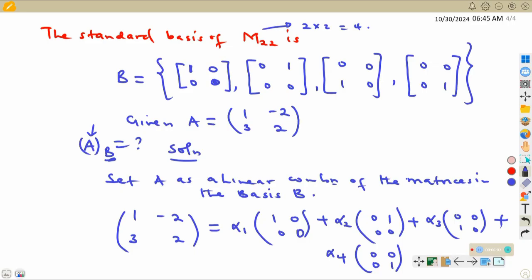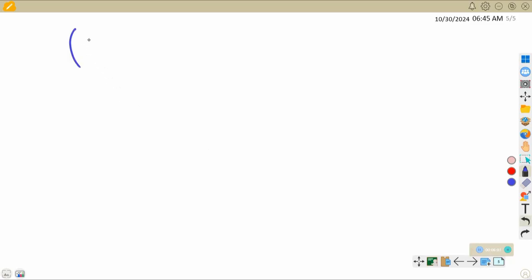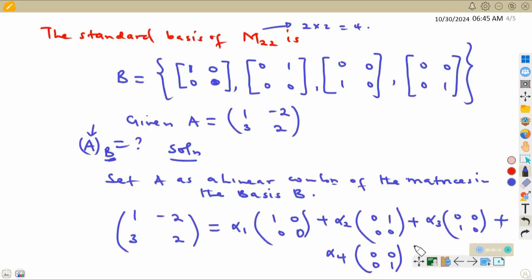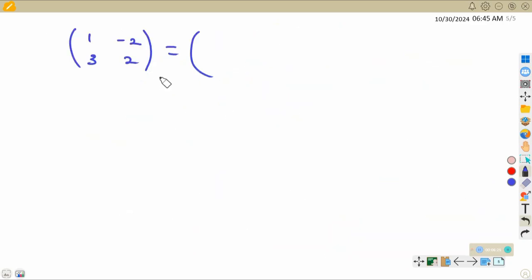So in the next case, we shall have 1, negative 2, 3, and 2 equal to alpha 1, alpha 2, alpha 3, and alpha 4 when you add the corresponding entries.